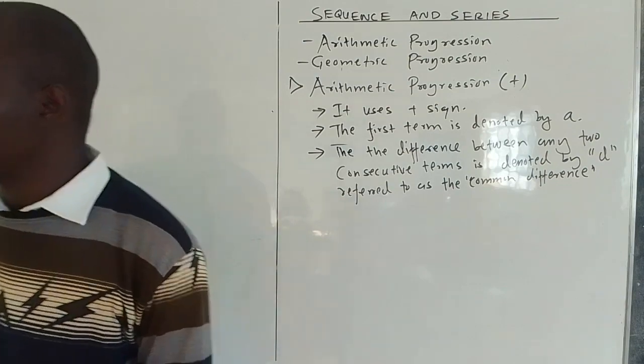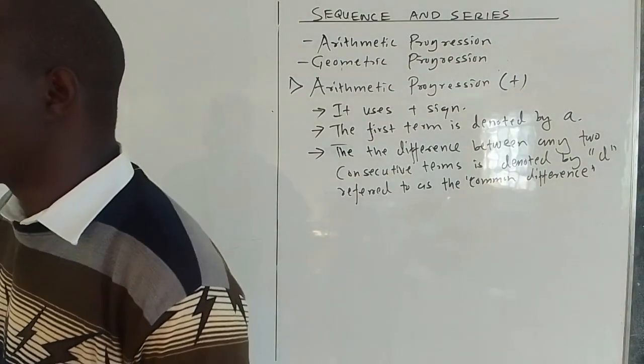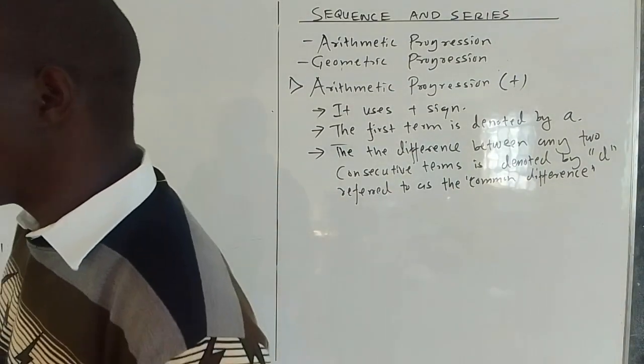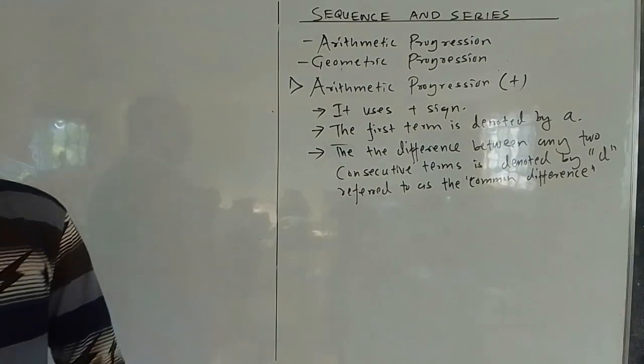So anytime we are getting the difference between any two consecutive terms, we denote it by a D, and it is referred to as the common difference.